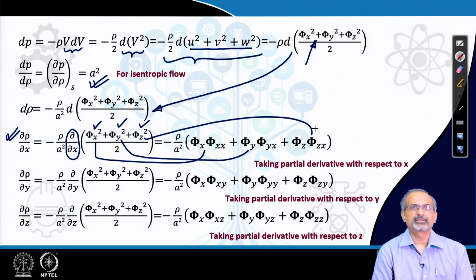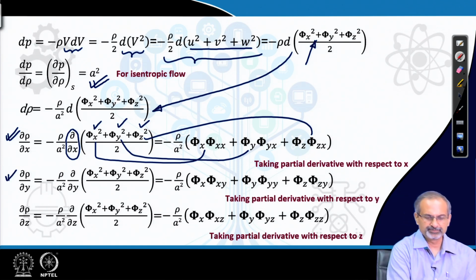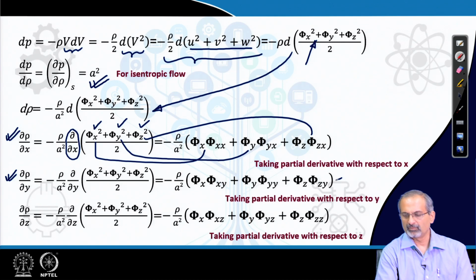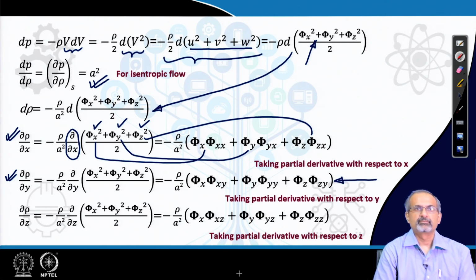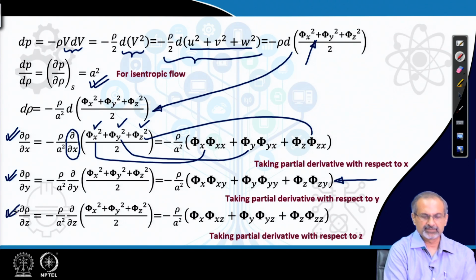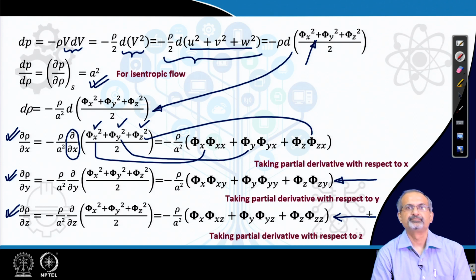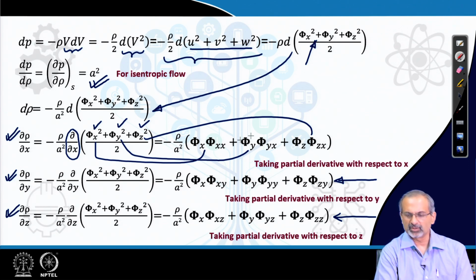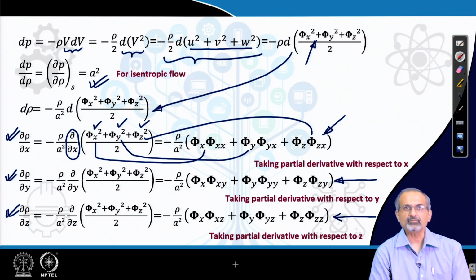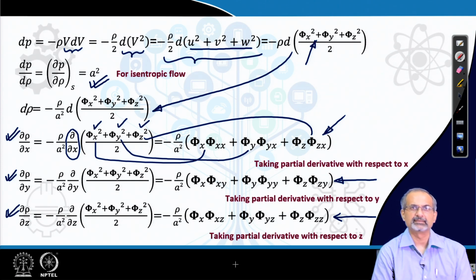Let us also take partial derivatives with respect to y. What you end up getting is here. With respect to z, what you end up getting is this. Mind it that each one of these right hand side terms comprises a first derivative and a second derivative in a product form, and you have to be careful about the indices.